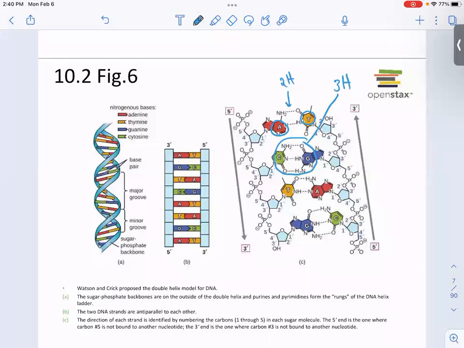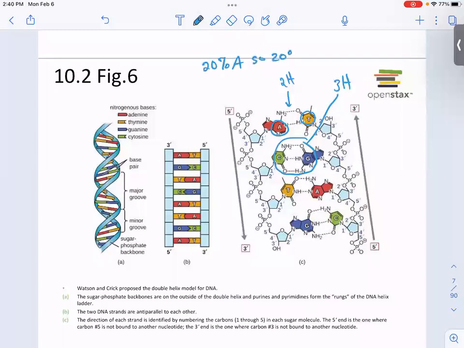And I should point out, there's a homework question about this. So there's something called Chargaff's rules of pairing, right? The adenines are always paired with the thymines and the guanines always paired with the cytosines. So if we know, say 20% of the bases in the cell are adenines, we can tell the percentage of all the other bases, because there's always going to be the same number of thymines as adenines.